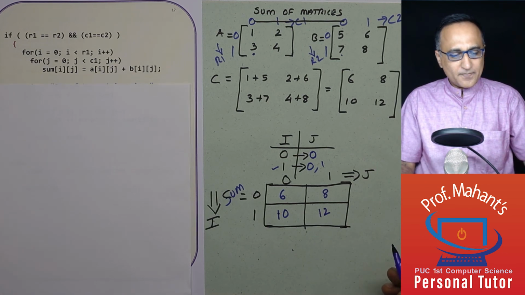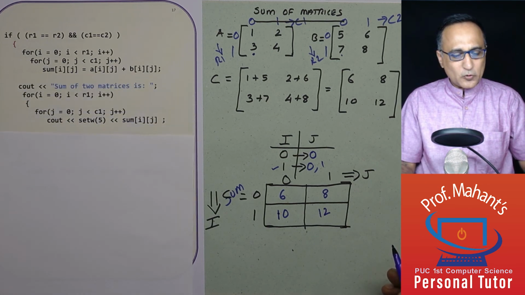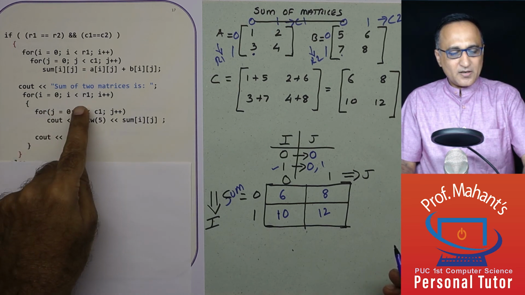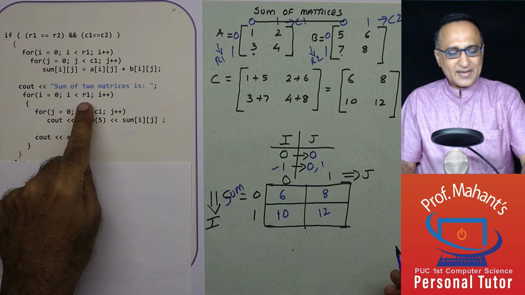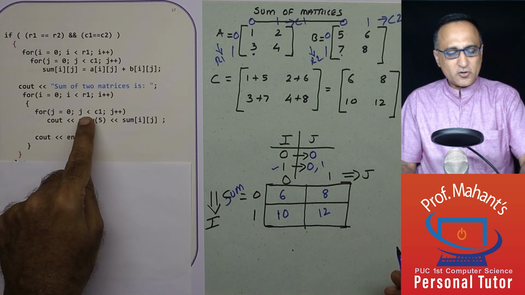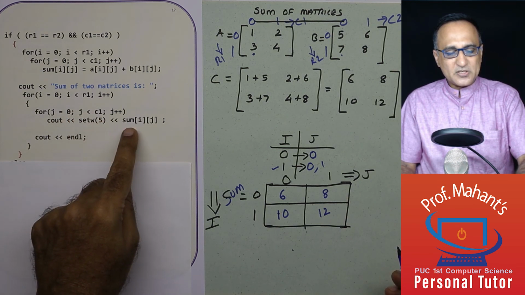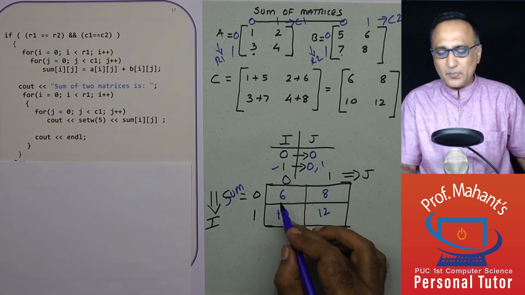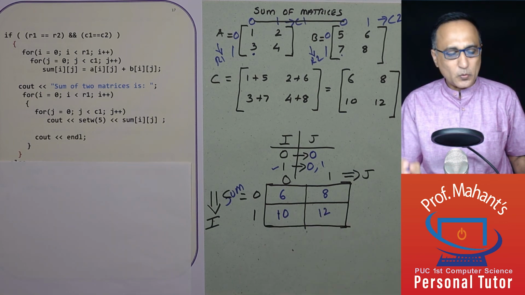If you want to print the sum of two matrices, you can simply do this: for i equal to 0, i less than row 1, for j equal to 0, j less than column 1, I am simply printing sum of ij. It will print 6 8 followed by 10 12.